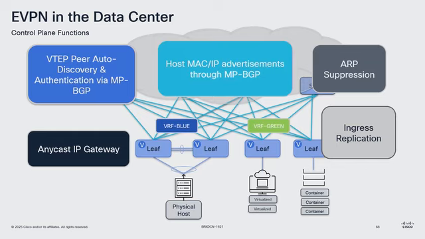Now, who here has heard of Anycast IP Gateway? What this essentially allows me to do is support things like a distributed or VM motion type of entity, because now on all of my leaf devices, I can have the same default gateway IP address for that SVI.